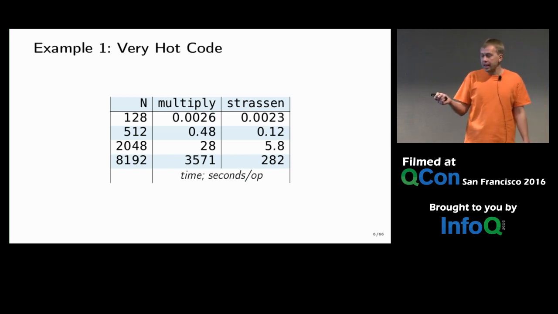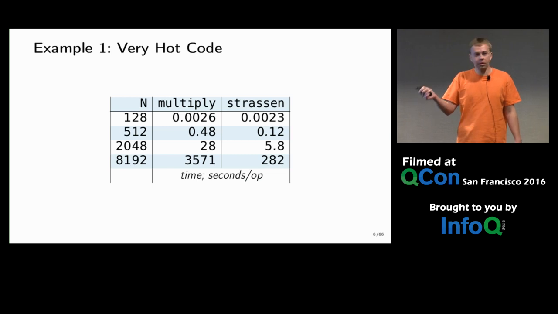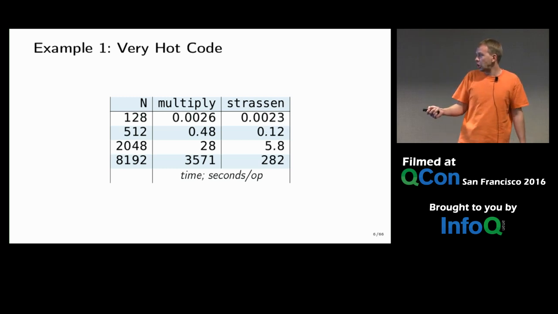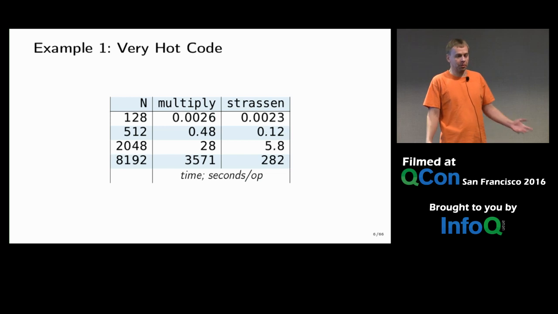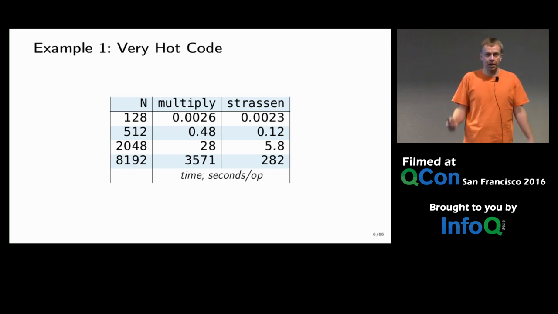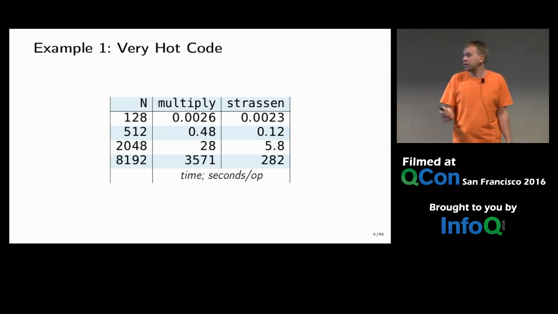I'm sorry guys, I can't show a chart in this case. Everybody loves charts, but these numbers are so different, it won't be visible on a single chart. For a matrix of 8000 by 8000 elements, I need almost an hour to do the multiplication the first way. But with the Strassen algorithm, I need less than 5 minutes.